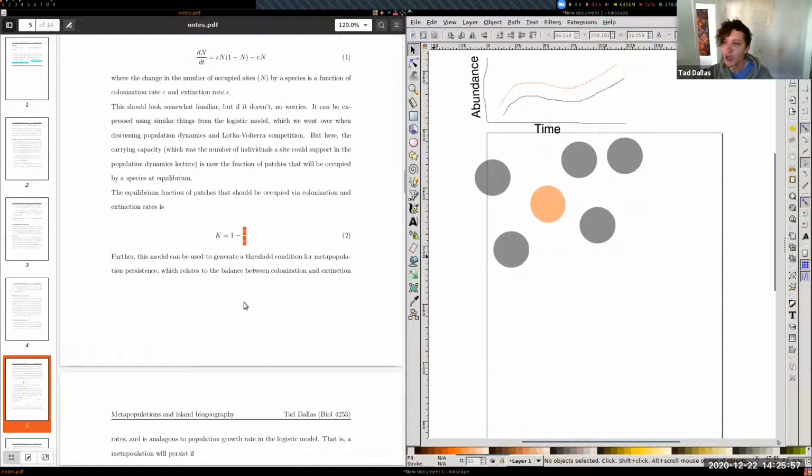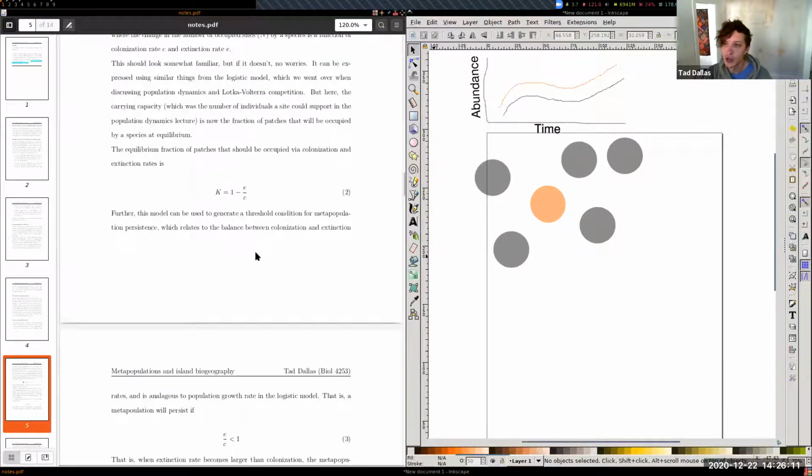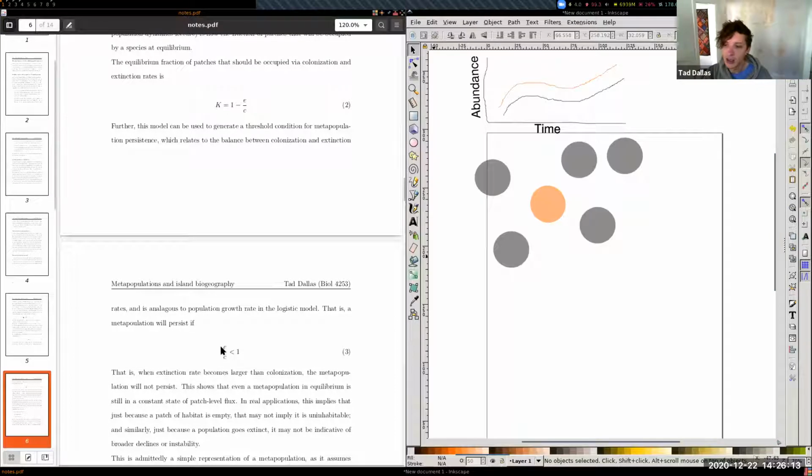Further, this description of the system in terms of the equilibrium fraction of occupied patches can be used to set up a persistence threshold. As long as this quantity is true, then the metapopulation can persist.